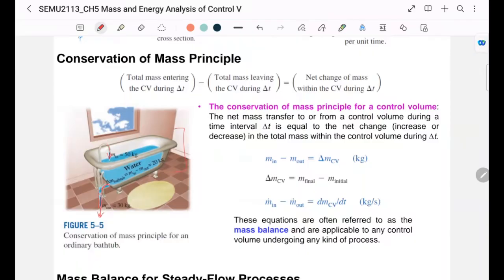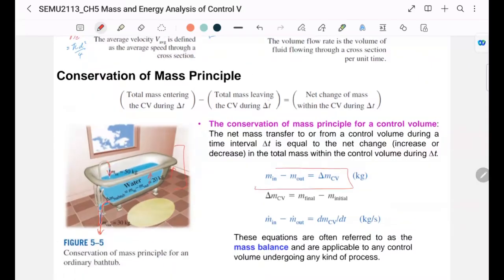Of course, if you close the drain, you can notice the water level will increase, because the conservation of mass basically tells us that the mass in minus mass out equals the change in the mass in the control volume. In this case, the control volume is the bathtub itself. If you close the drain, there is no mass out and there is a mass in, so sure enough, the water level will increase.